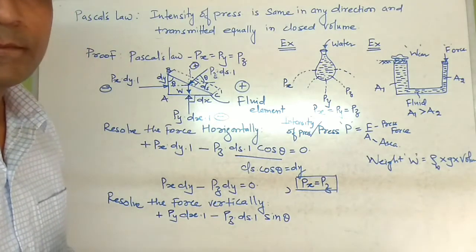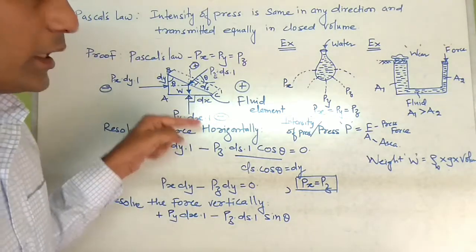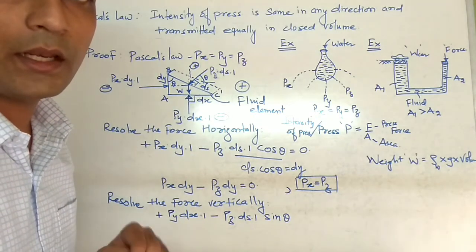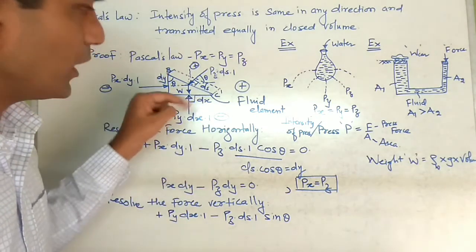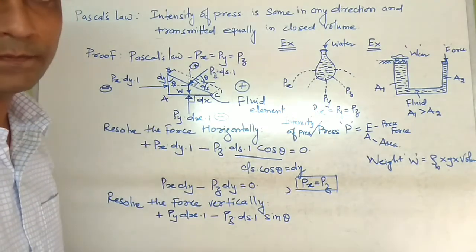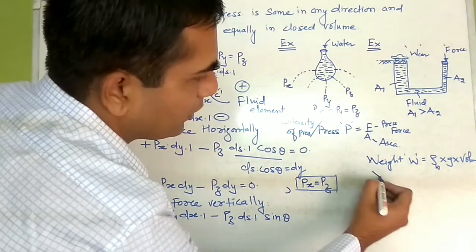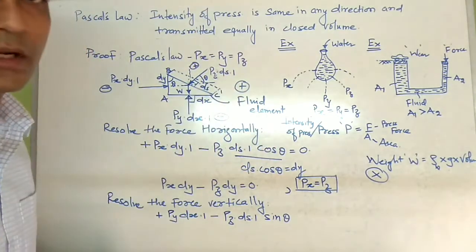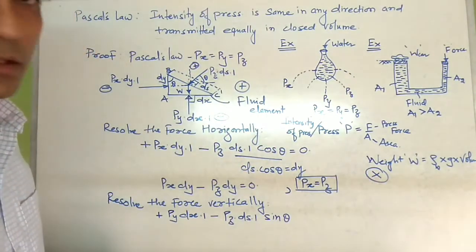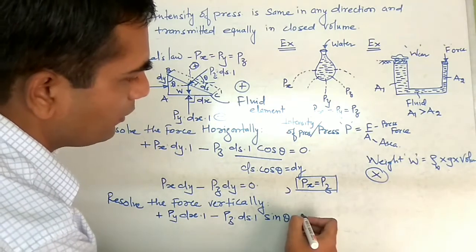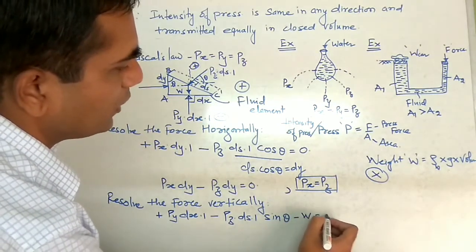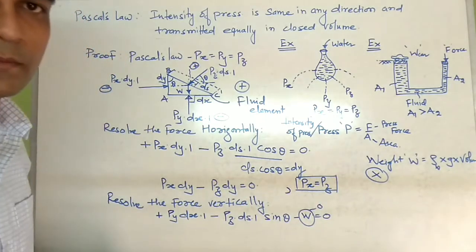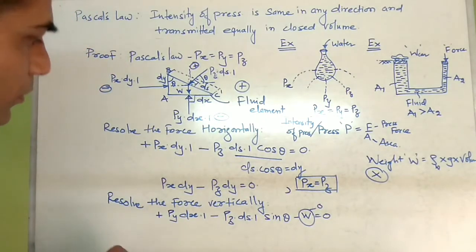Why? That is acting downward. But after solving this, Pascal again assumed that weight of this element is negligible. So he has not considered this weight in vertically downward direction. So directly he has taken 0. So we may write here minus W is equal to 0, but this W again converted into 0 component.